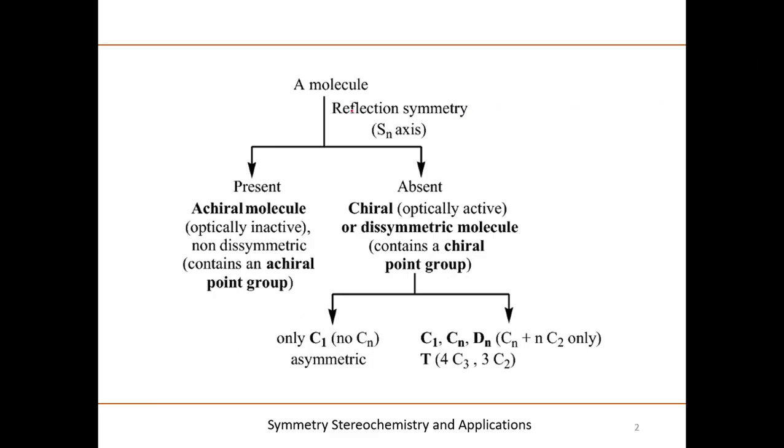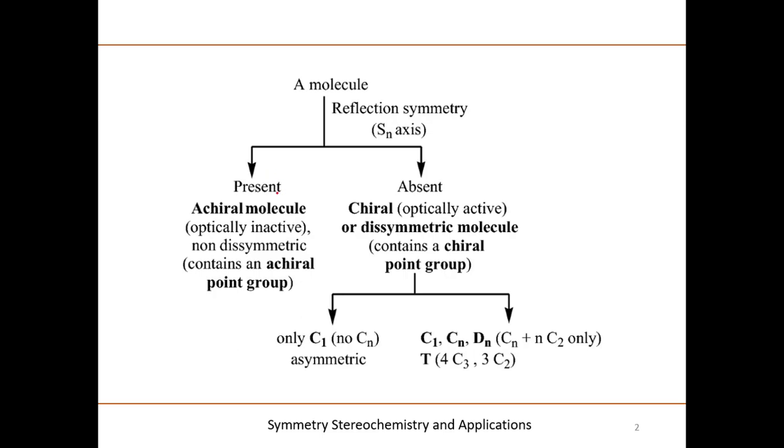So here you can see that if a molecule is present, then we have to check the reflection symmetry, or we can say whether the improper axis of symmetry is present or not. First we will check whether the improper axis of rotation is there or not. If it is present, then the molecule will become achiral and optically inactive, and these molecules have an achiral point group.